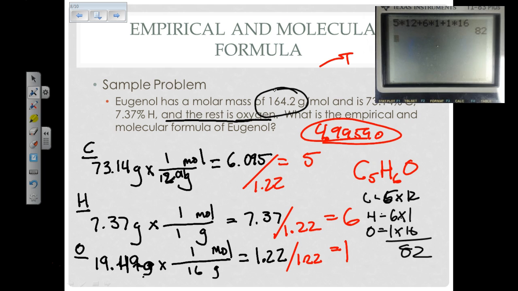Okay, so we take 164.2 divided by 82, and we get that this has to be twice in order for it to equal that. So the molecular formula is C10H12O2. Okay? And so that is how you figure out empirical and molecular formula. Okay, I hope that clears it up.